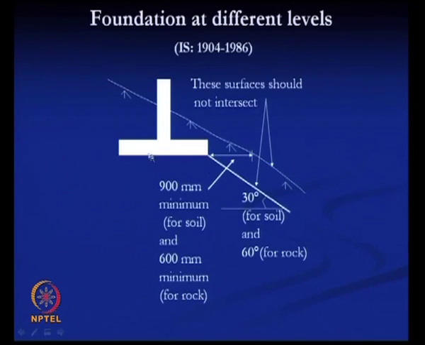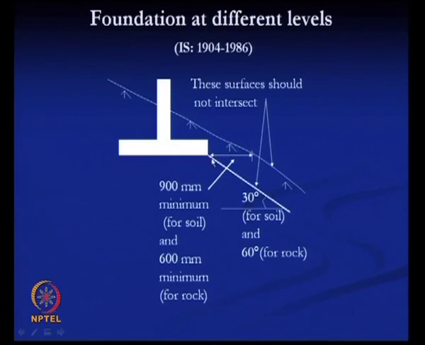So, we have to place our foundation such that the foundation edge is located at least 900 millimeter from the slope edge. This is another condition if it is sloping ground.